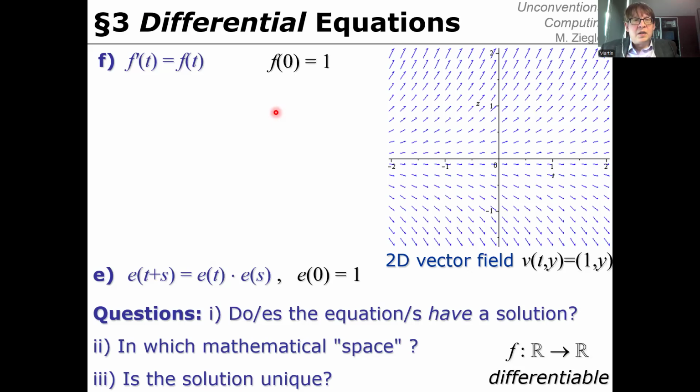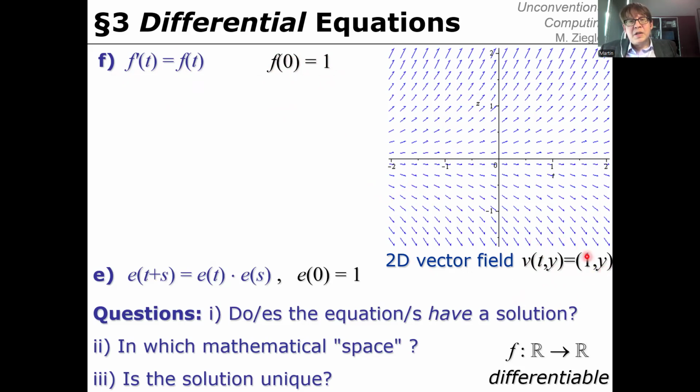So here's the condition. We add the condition f of 0 equals 1. What you see here is a geometric way of imagining the solution to this equation. This is the vector field. A 2-dimensional vector field takes 2 real numbers, t and y, and returns 2 real numbers, in this case 1 and y.